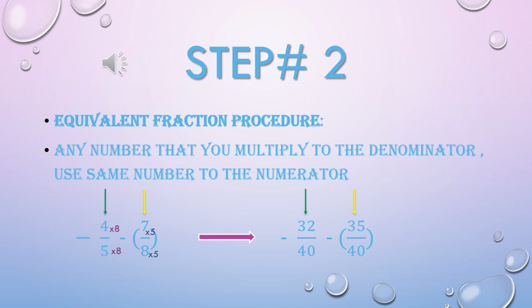And that times 8, I will multiply it to the numerator. That gives me 32. And in the second fraction, 8 times what gives me 40? Times 5. So if I multiply the denominator times 5, I also have to do it to the numerator. At the end, my new fraction, to say it like that, is negative 32/40 minus 35/40.